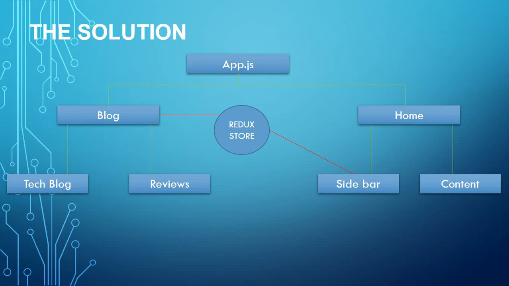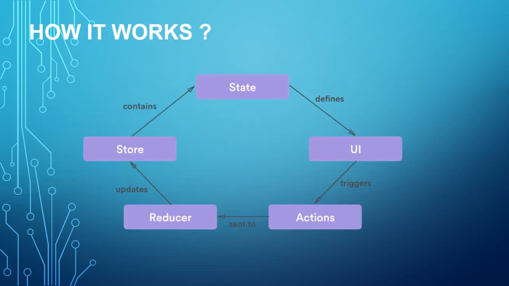Now we need to see the process to do an update via the Redux store. First, the state defines the UI, as you can see, and when the user does something, for example loads the application or clicks on a button, he triggers an action, and that action is dispatched to the reducer.